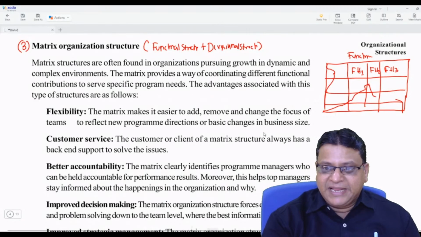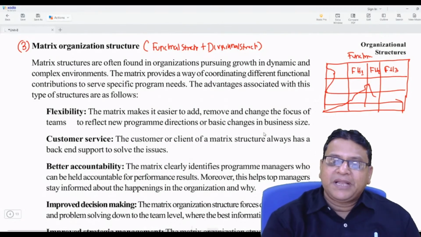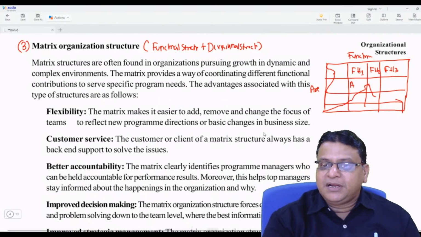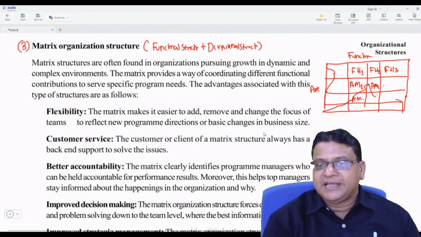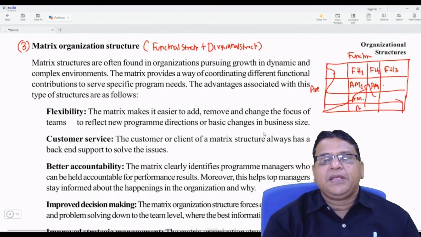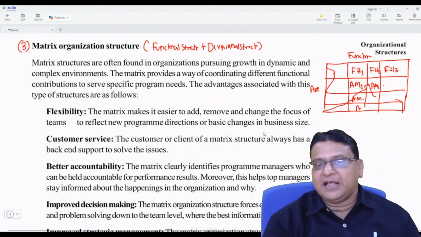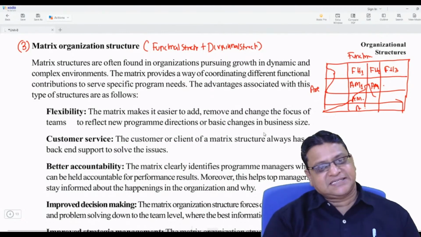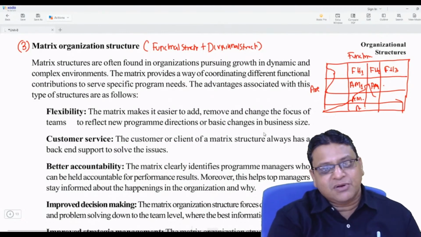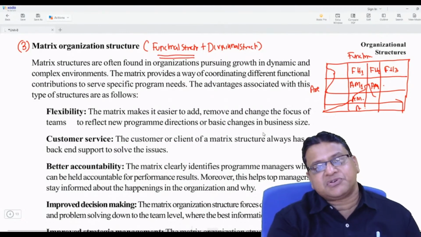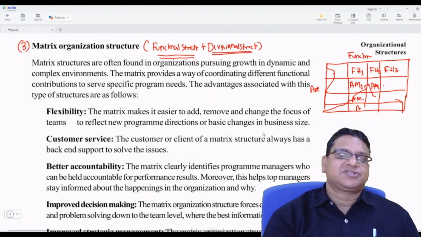And in the other angle, we may take area: area manager 1, area manager 2, area manager 3, like this. So there will be functional heads as well as area heads. It is a combination of both functional structure and divisional structure.